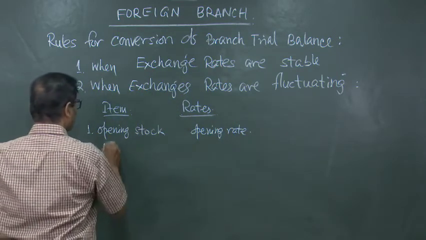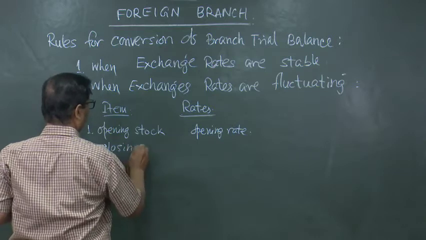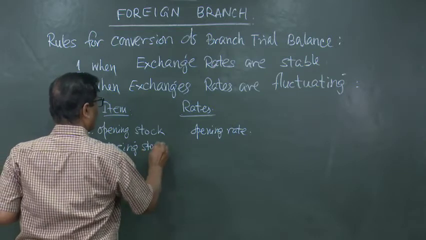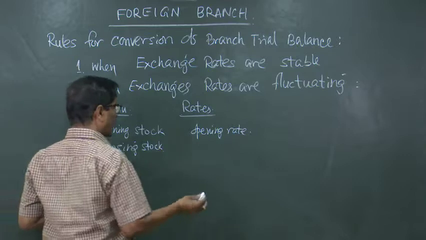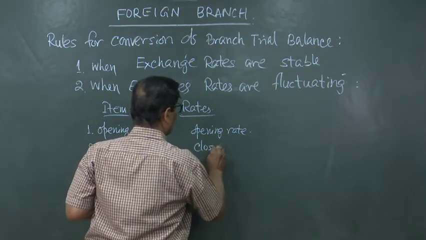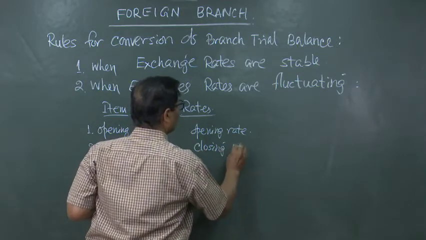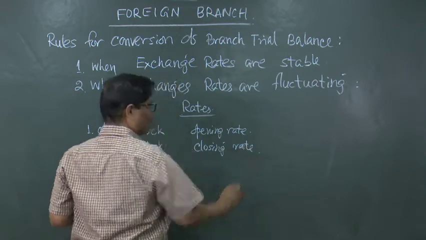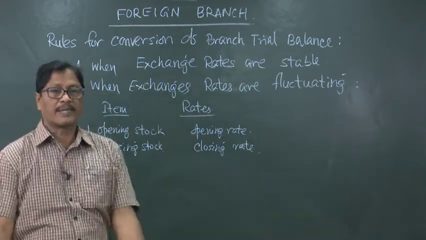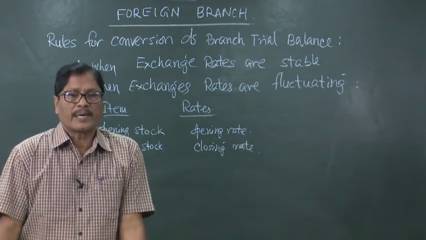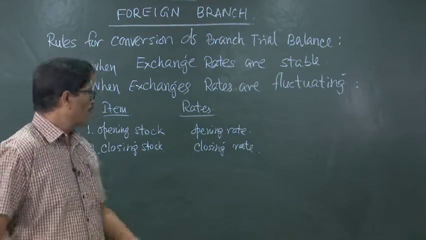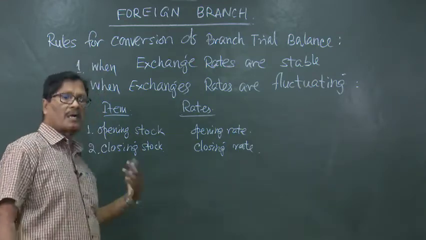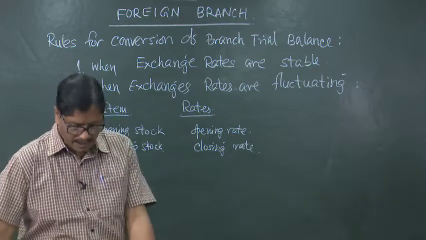Similarly, the closing stock will be valued at the closing rate, or more scientifically, the exchange rate which is applicable on the last date of the year, that will be applicable for conversion of closing stock figures.